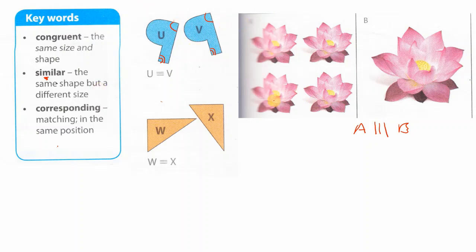So if we now compare congruency and similarity, what we know in both cases, the shape is the same. So it means all the matching angles of two shapes, or all the corresponding angles of two shapes, needs to be the same size.